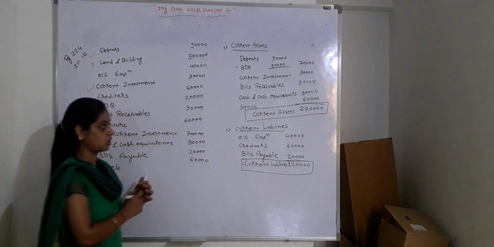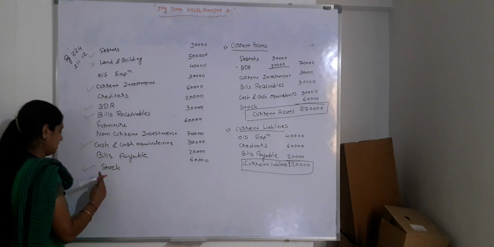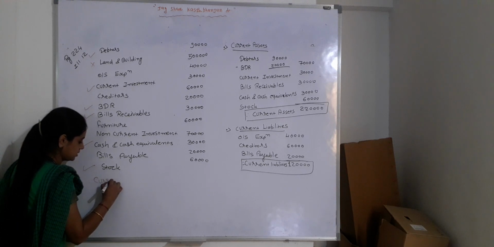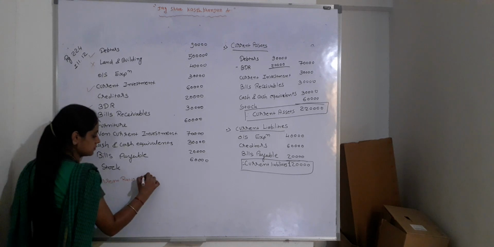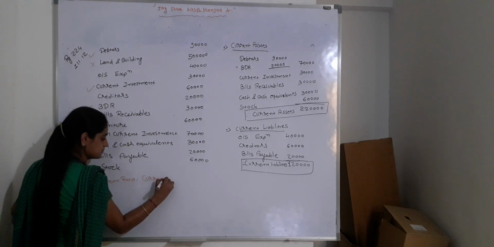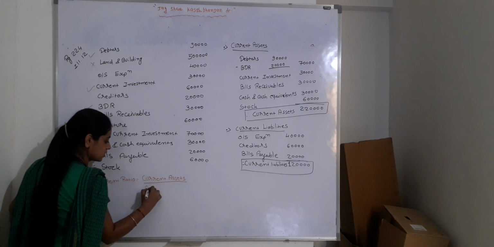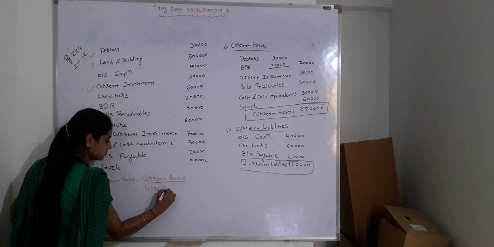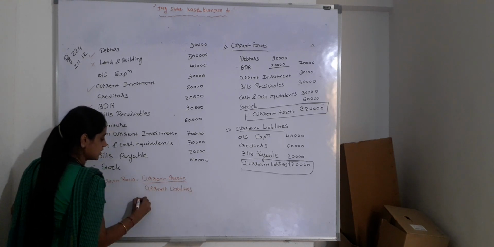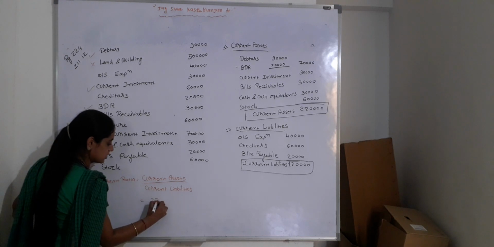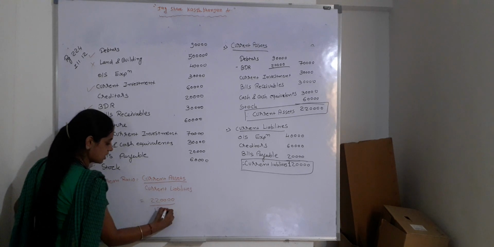Now we got both the things, current assets and current liabilities. Let's find current ratio. Current ratio is equal to current assets upon current liabilities. Current assets are 2,20,000 and liabilities are 1,20,000.